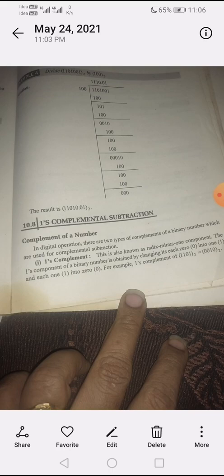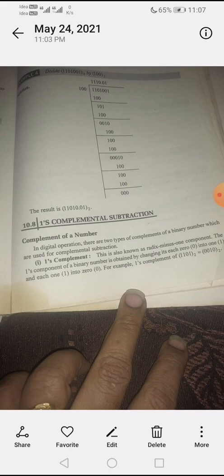This one's complement is also known as the radix minus one complement. The one's complement of a binary number is obtained by changing its zeros into ones and ones into zeros.